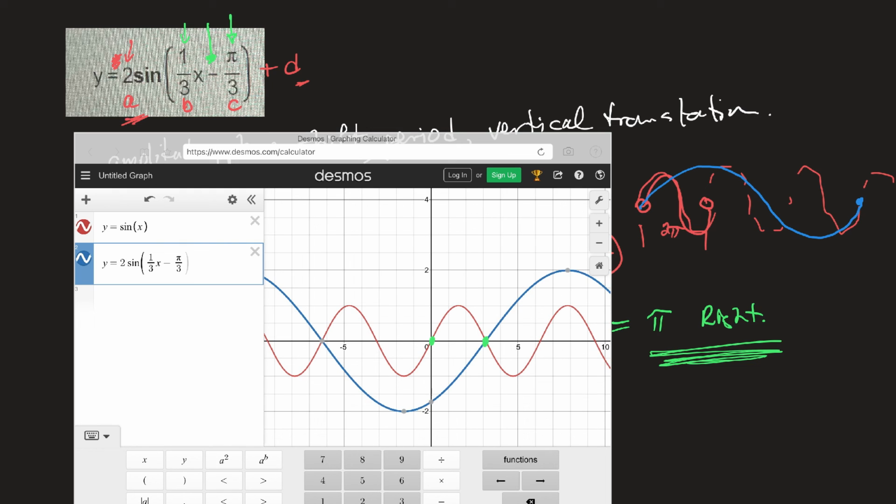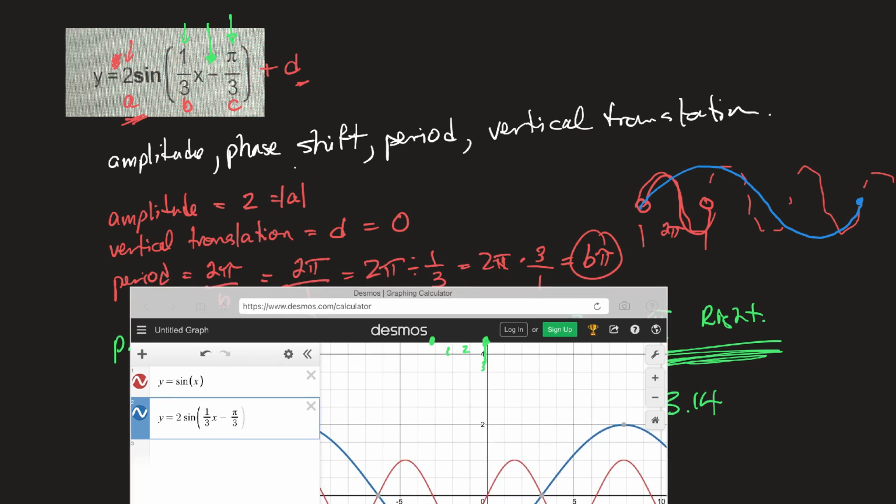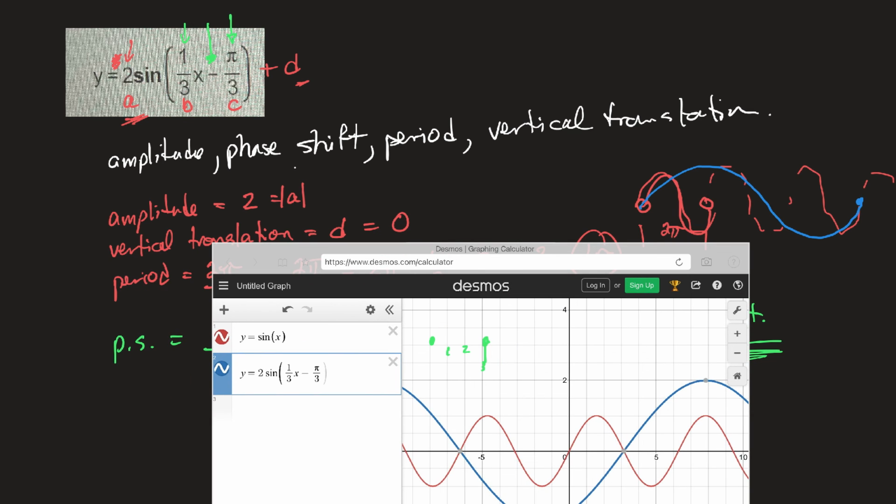It got pushed over to the right. So if I take a look at what number that is, it'd be 1, 2, this would be 3 and a little bit, right? And if you look at how far we moved over, it was pi, and pi is 3 and a little bit. Okay, hopefully that helps you figure out the phase shift, the period, and the amplitude of a graph.